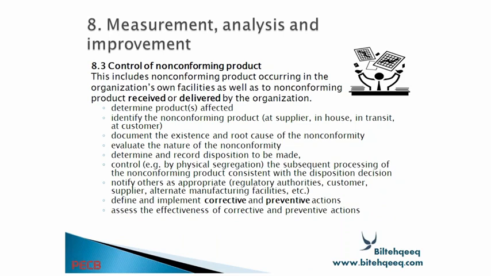Document the existence and root cause of the non-conformity, evaluate the nature of the non-conformity, determine and record a disposition to be made, and control by physical segregation the subsequent processing of the non-conforming product, consistent with the disposition decision. Notify others as appropriate: regulatory authorities, customer, suppliers, alternate material facility. Define and implement corrective and preventive action, and assess the effectiveness of corrective and preventive action.